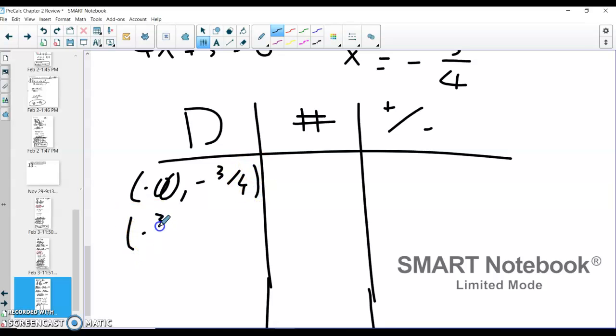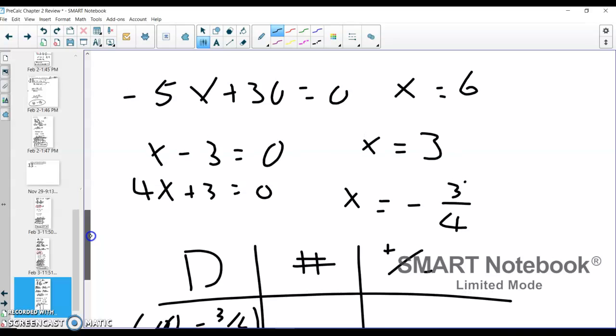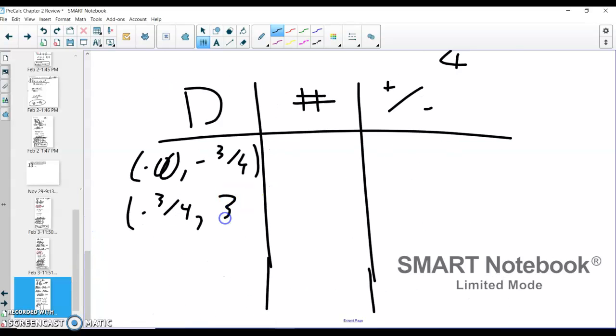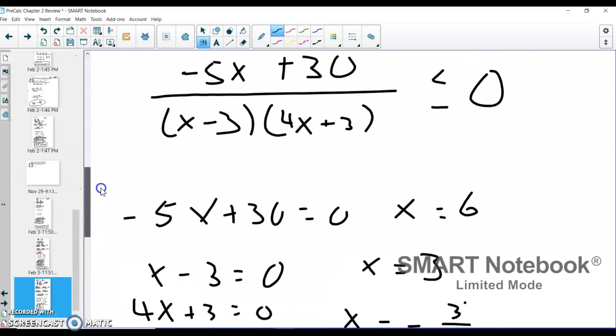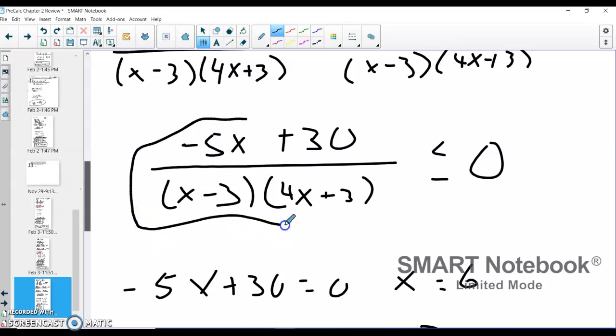We're going to go from negative 3/4 to the next closest, 3. We're going to go from 3 to 6, and then we're going to go from 6 to positive infinity. Choosing test points for each, this one can be negative 1, this can be 0, this can be 4, this can be 7. Plugging into our function here is the best bet to make it as easy as possible.